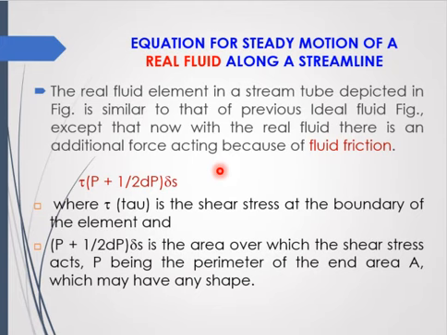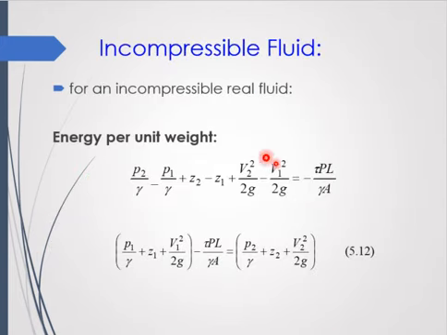As we did in the case of ideal fluid, the same procedure will be adopted, and in the end we will get for an incompressible fluid the following equation: P2 over gamma minus P1 over gamma plus Z2 minus Z1 plus V2 square over 2g minus V1 square over 2g equals minus tau PL over gamma A. Or we can arrange the equation like this: P1 over gamma plus Z1 plus V1 square over 2g minus tau PL over gamma A equals P2 over gamma plus Z2 plus V2 square over 2g.